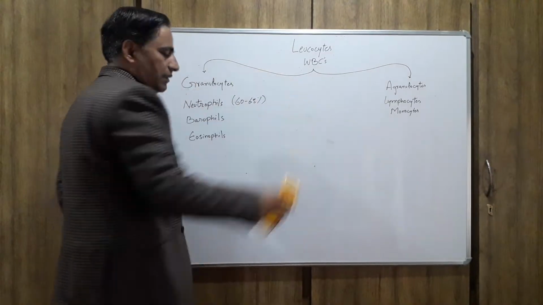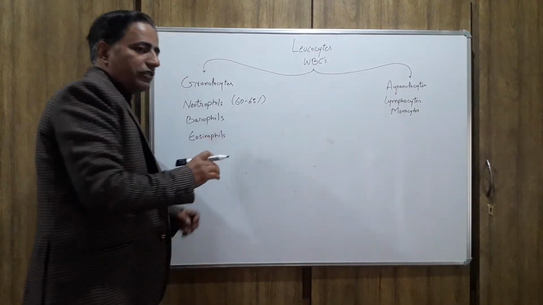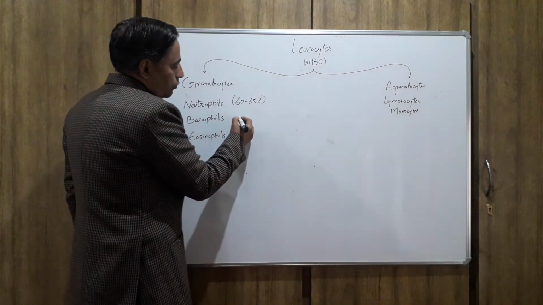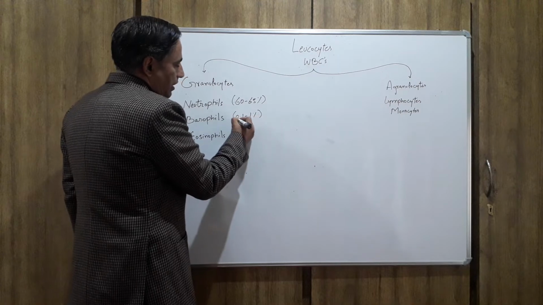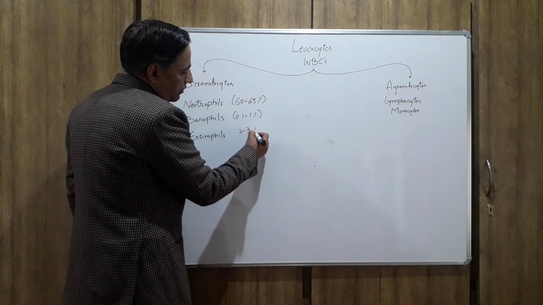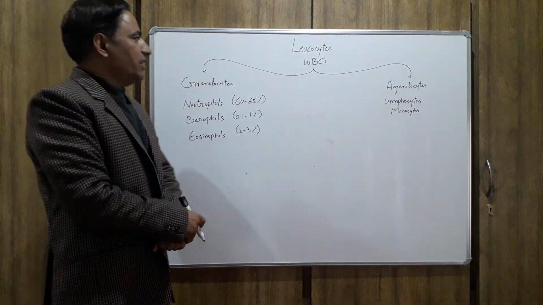Then the basophils, they are the least numerous cells present within the leukocytes. Their number comprises 0.1 to 1%. And similarly, eosinophils are about 2 to 3% of the leukocytes.